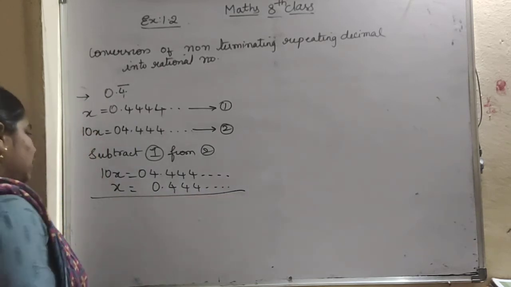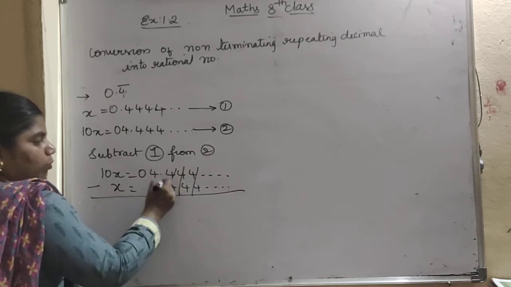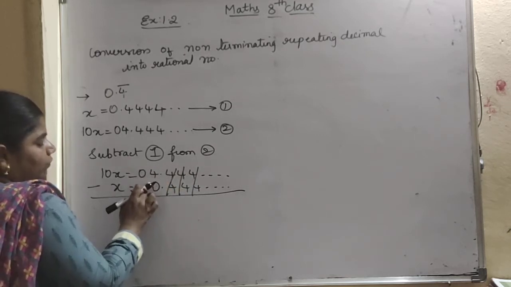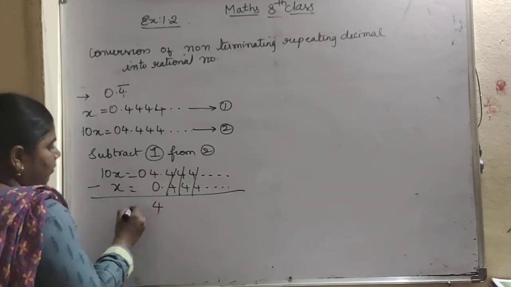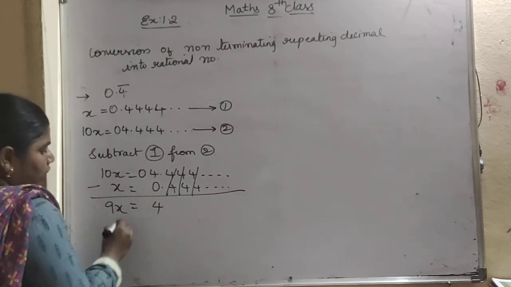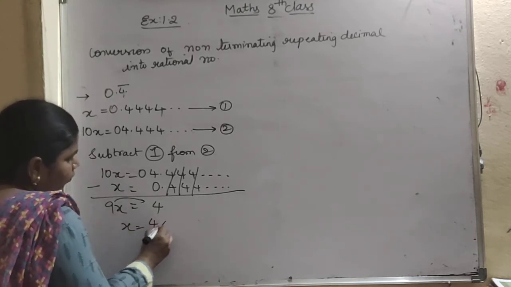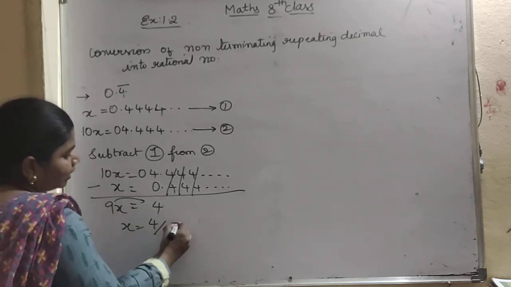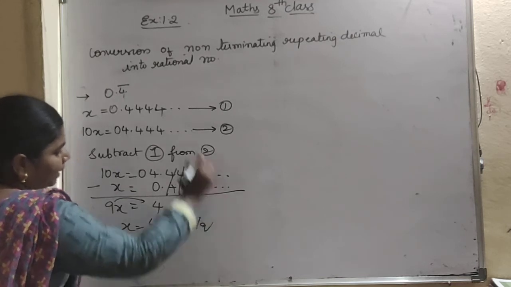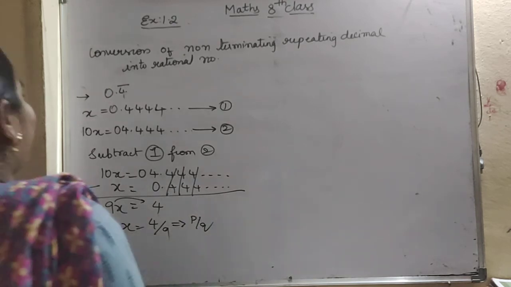If you subtract, 4 minus 4 is 0, 4 minus 4 is 0, 4 minus 4 is 0, 4 minus 0 is 4, equal to 10x minus x, which is 9x. Transposing this 9 to the other side, x will be 4 by 9. This 4 by 9 is in the form of p by q. This is how you convert non-terminating repeating decimals into p by q form.